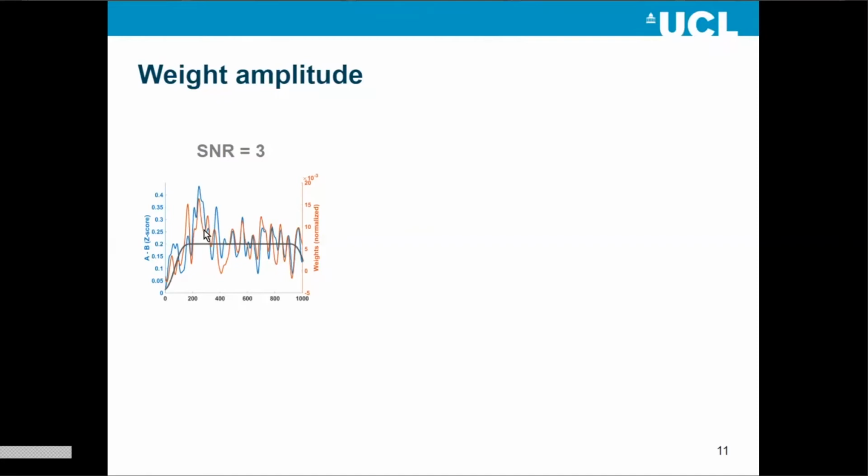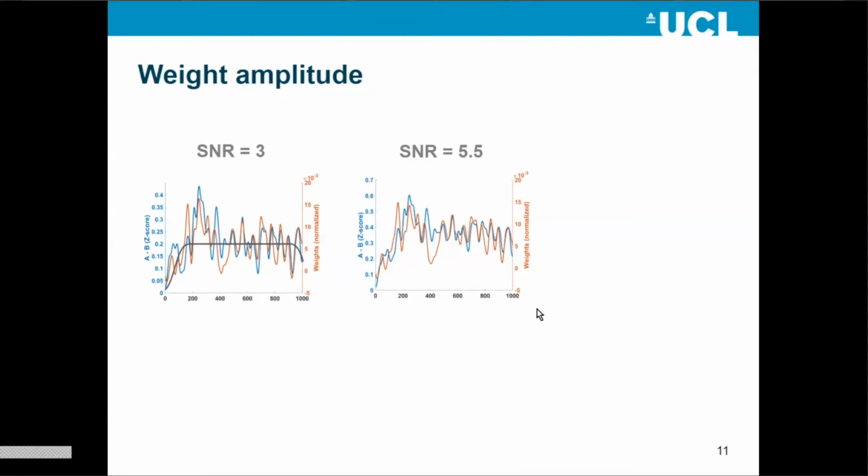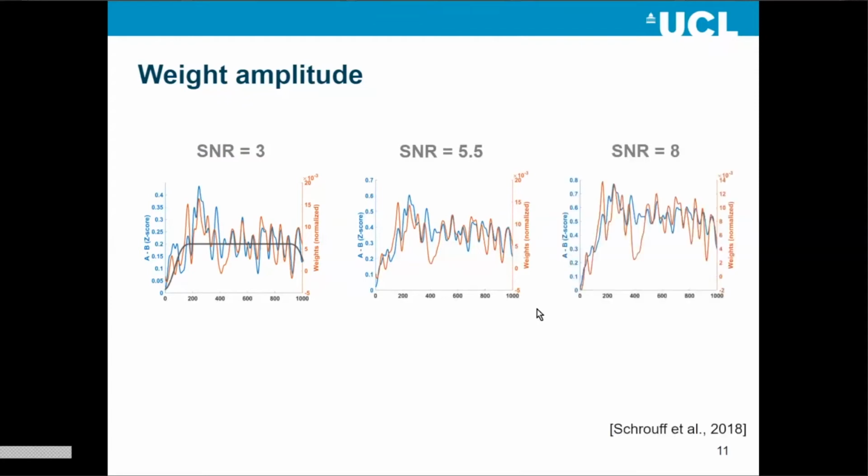We see that the weights follow that noisy signal that was present in the data, and we see it for different signal-to-noise ratios. It does not completely follow the steps, but it's still fairly close to the actual signal that we know is in the data.